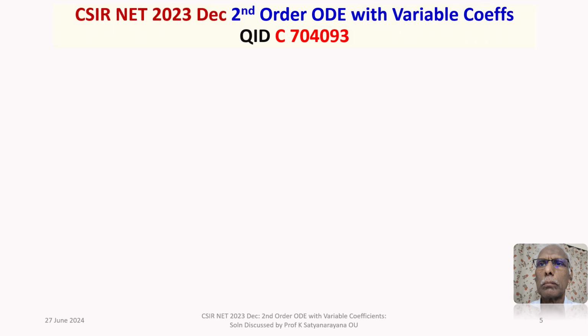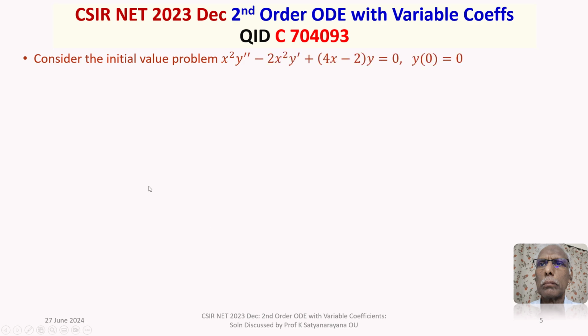The given question is: consider the initial value problem x square y double prime minus 2x square y prime plus (4x minus 2) multiplied by y is equal to 0 with the initial condition y at 0 is equal to 0.